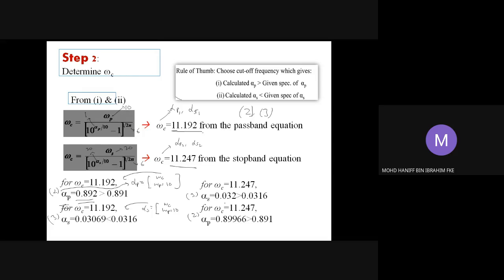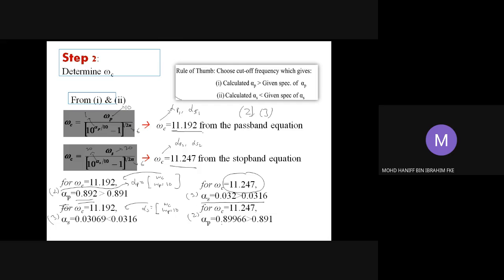Whereas for the second omega C, which is 11.247, the calculated alpha S is bigger. So from the first value of alpha S itself for omega C of 11.247, the calculated alpha S is bigger than the given specification, which shows that this does not follow the condition in which the calculated alpha S must be smaller than the specification given.